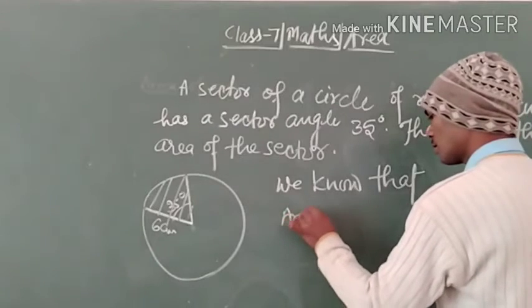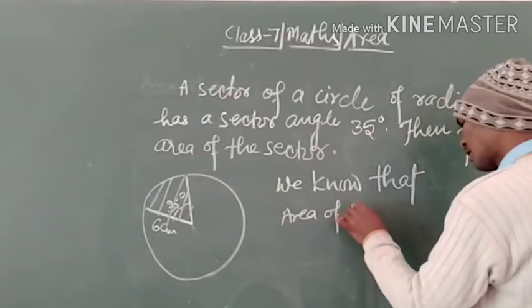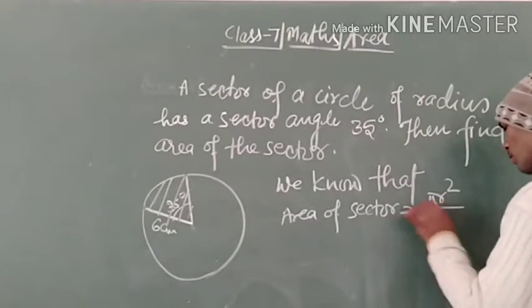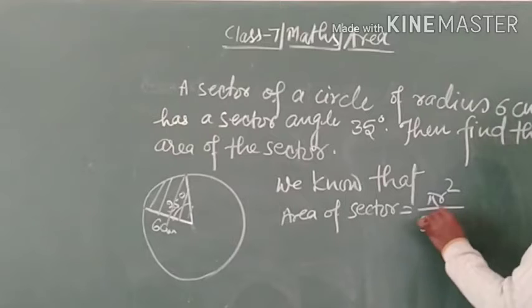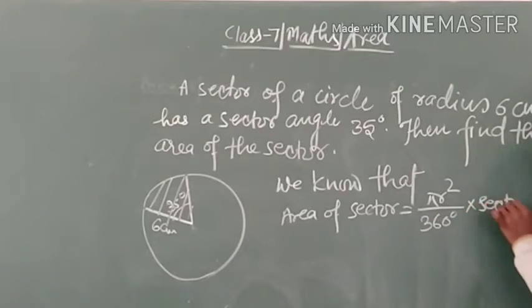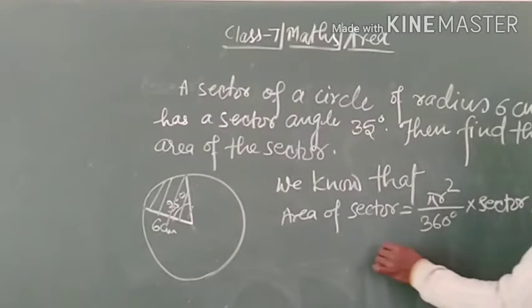We know that area of sector is equal to pi r square upon 360 degree into sector angle. Now just put the values.